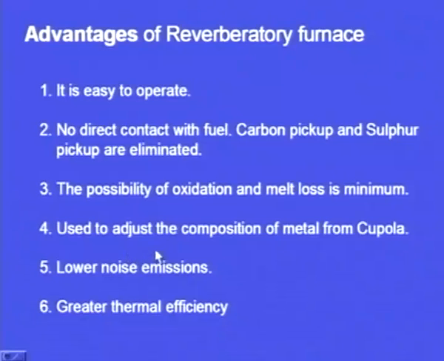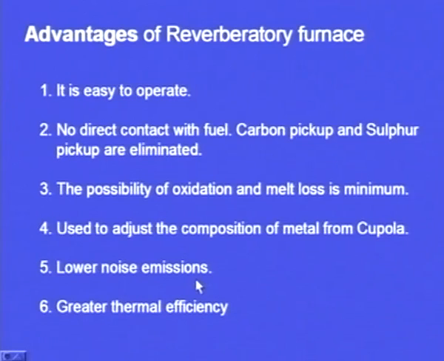Next one, it is used to adjust the composition of the metal from the cupola. Again, one of the drawbacks of the cupola furnace is we can't control the composition accurately. If we aim some composition and if we run the cupola furnace accordingly, we will get some other composition. Instead, after melting is over, we tap the molten metal from the cupola and we feed it to the reverberatory furnace. And here whatever alloying elements are required, we add the required alloying elements.